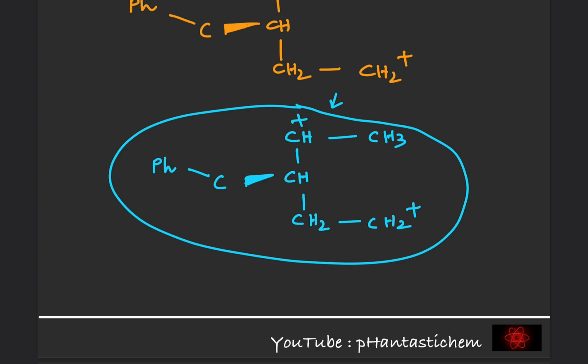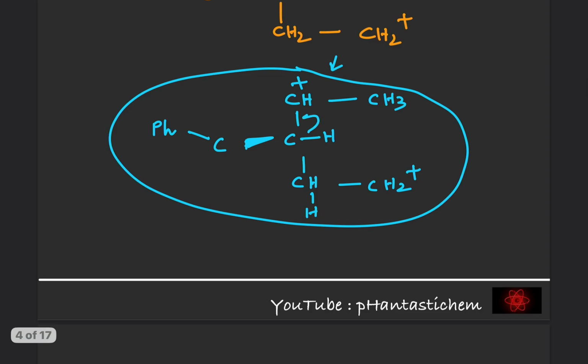So what will happen, I can write again the H out, and this will become the pi bond and H plus goes out. So we will get one more alkene.